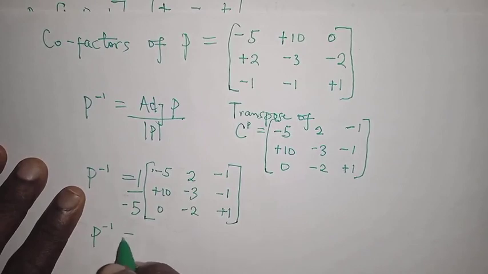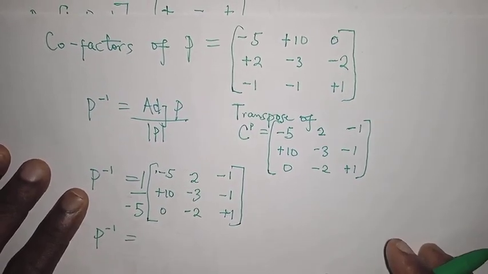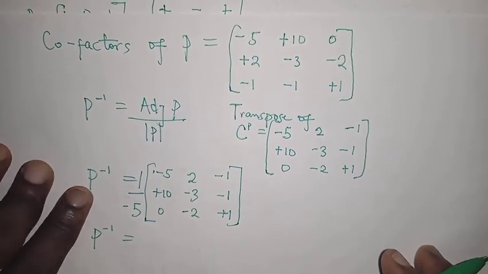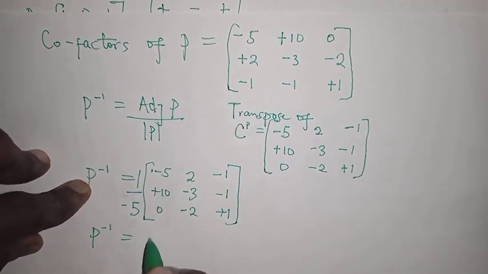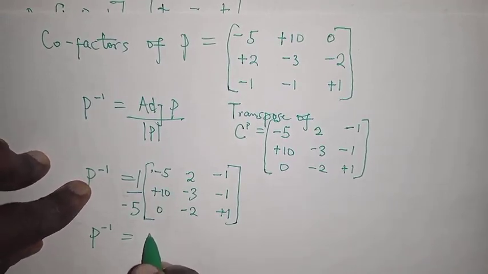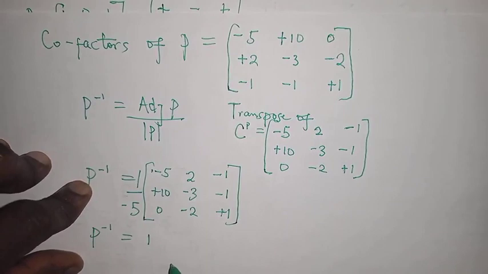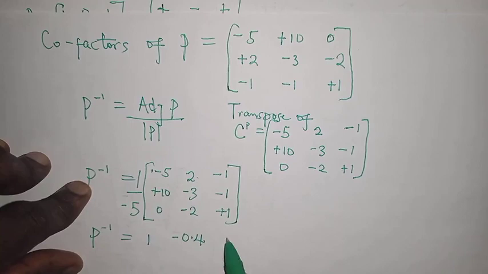So that means my inverse is simply going to be minus 5 divided by minus 5, which is plus 1. Then this divided by this is going to give me minus 0.4. This is going to be 0.2. This is going to be 0.2. This is going to be 0.6.